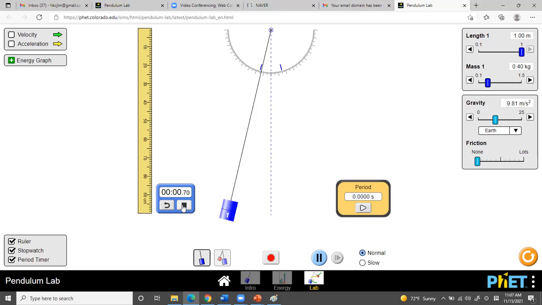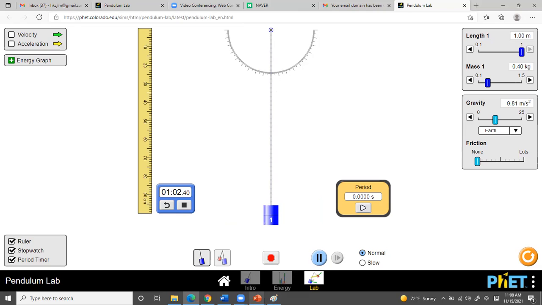Maybe start. 1, 2, 3, 4, 5, 6, 7, 8, 9, 10, 11, 12, 13, 14, 15, 16, 17, 18, 19, 20, 21, 22, 23, 24, 25, 26, 27, 28, 29, 30, 31.